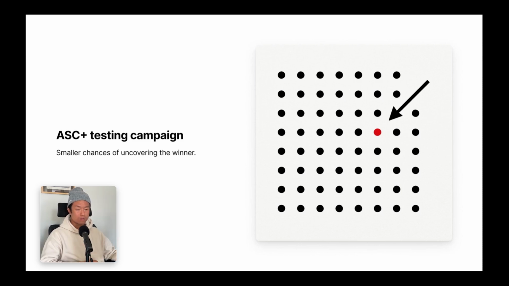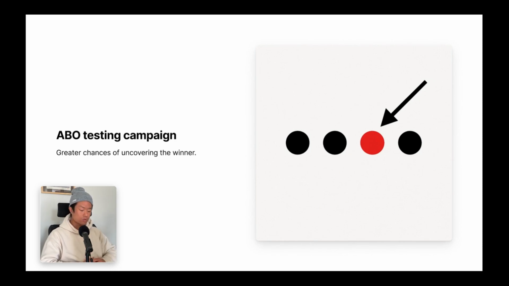And this is one of the reasons why I always recommend using an ABO campaign. So ABO stands for Ad Set Budget Optimization Campaign. So this is the campaign type where you get to choose the daily budget of the ad sets inside the campaign. So you can see in this visual that if you have an ad set test with 4 ad variants, you get a 25% chance that Facebook will pick the right one right out of the gate.